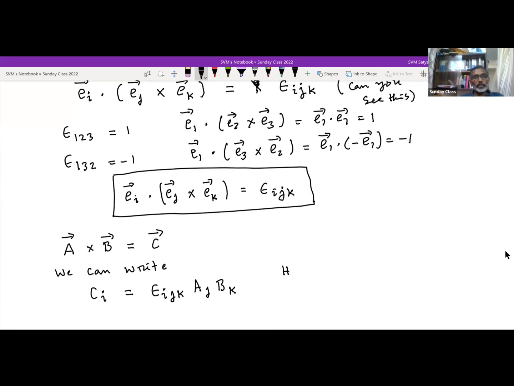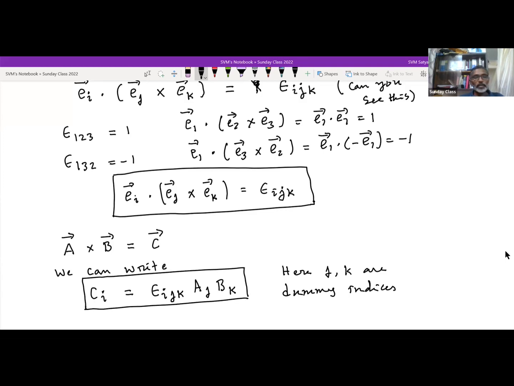Here j and k are dummy indices. So one can define a cross product using this epsilon tensor. You follow?